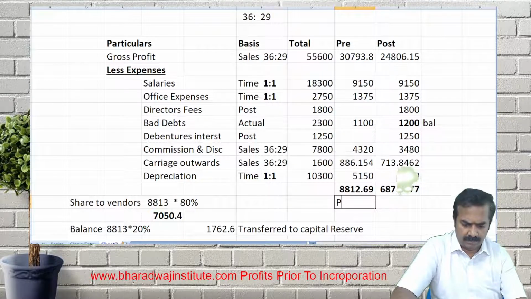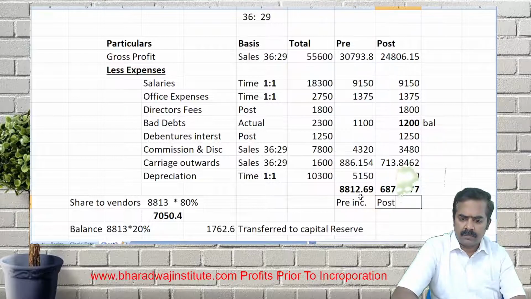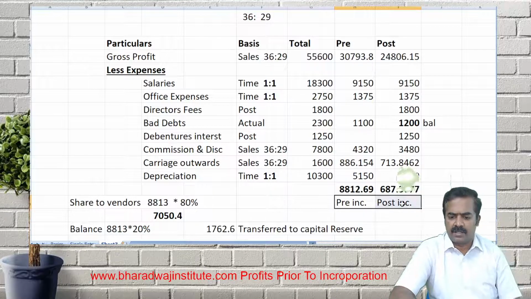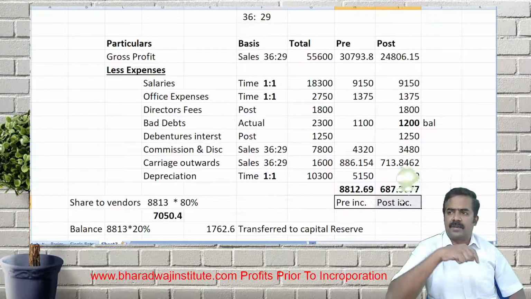Sir, I have a doubt. What is the reason behind the loss of goodwill? We'll learn this in the amalgamation chapter. There is a detailed discussion on what is goodwill, what is capital reserve, how to treat it.